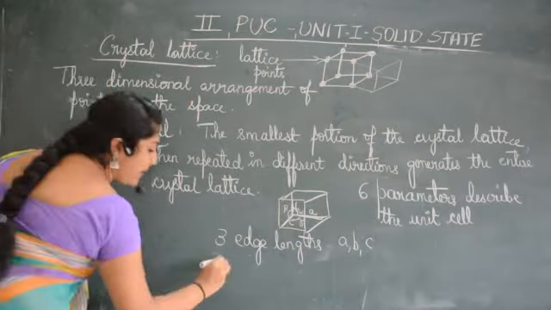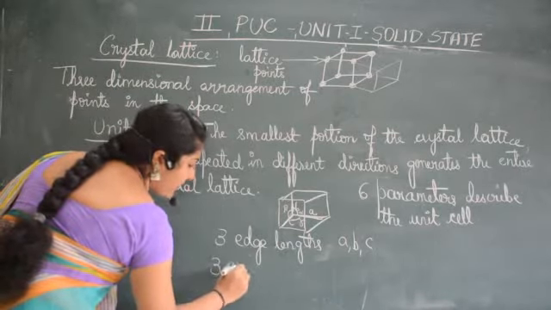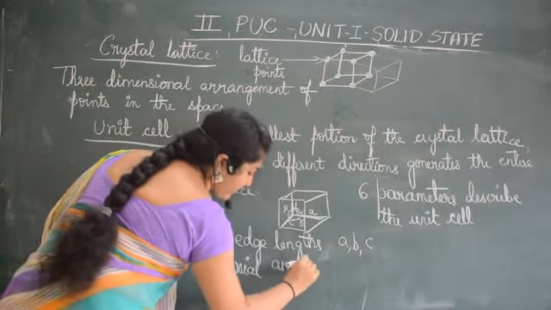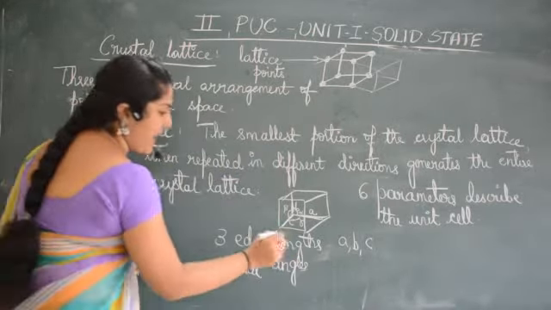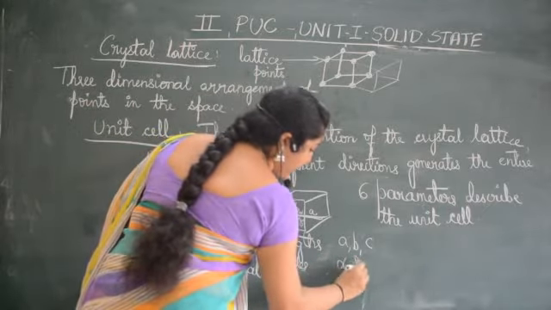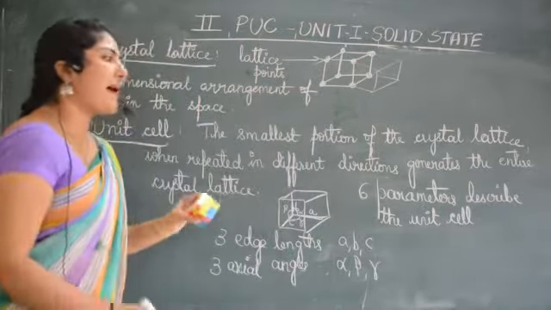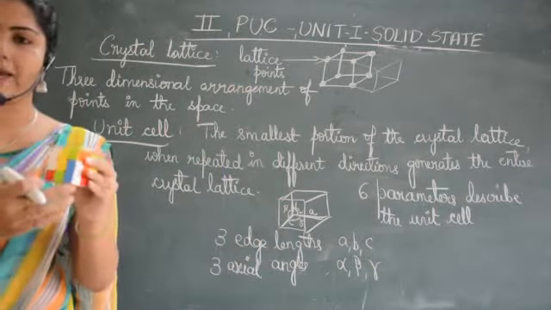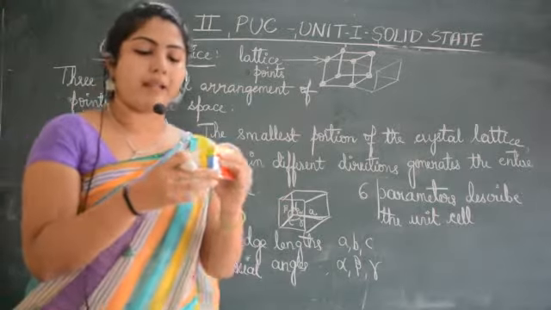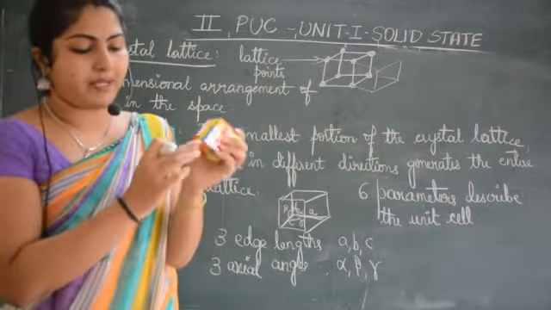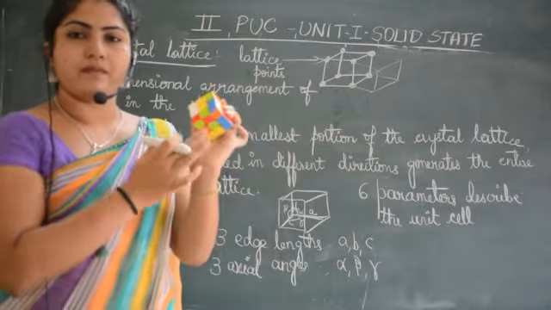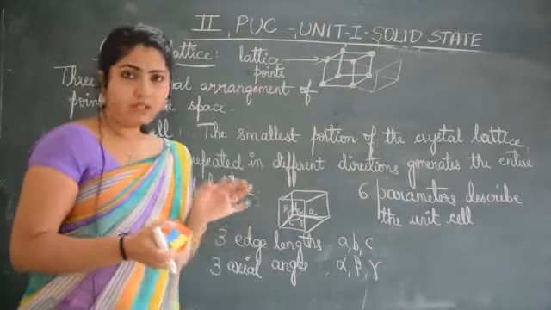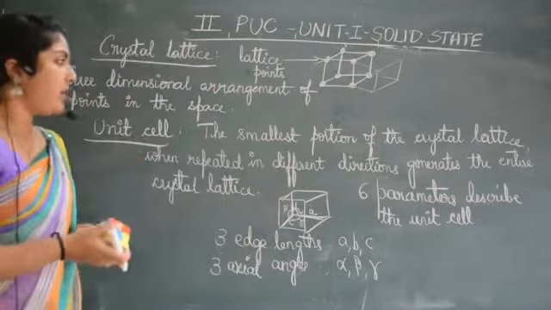So the other 3 are the axial angles: alpha, beta, gamma. So which are the 6 parameters that describe the unit cell? 3 edge lengths a, b and c, and the angles between them, alpha, beta and gamma. Those are the angles which explain this particular unit cell.